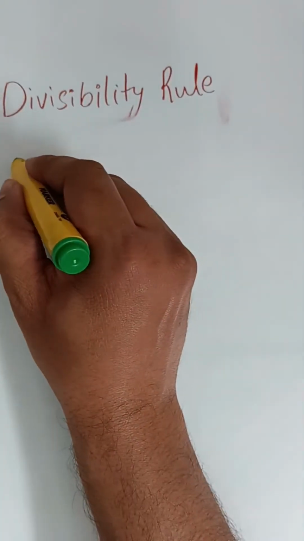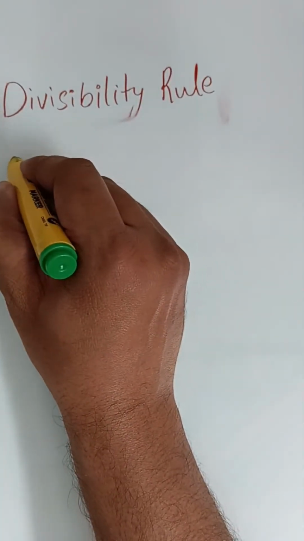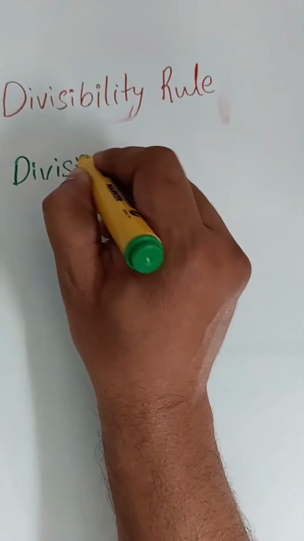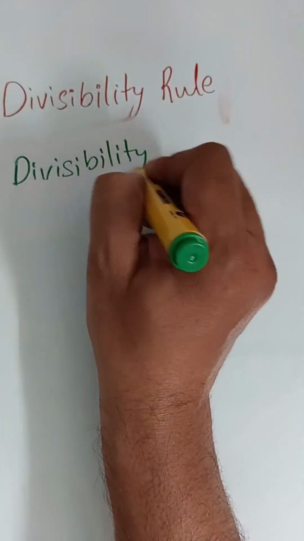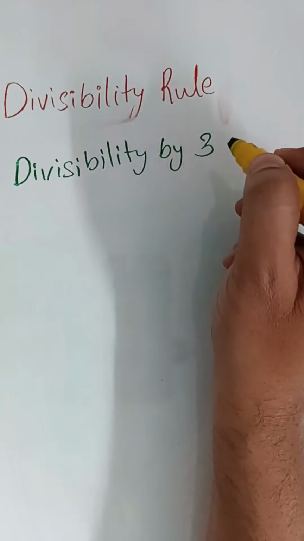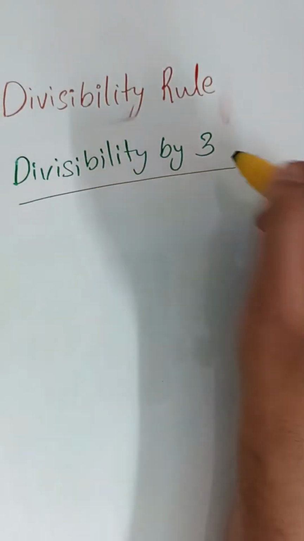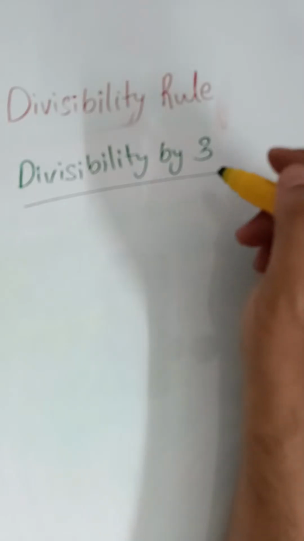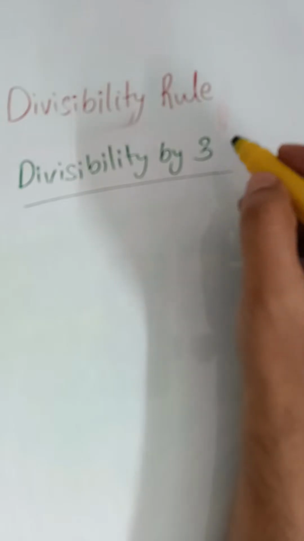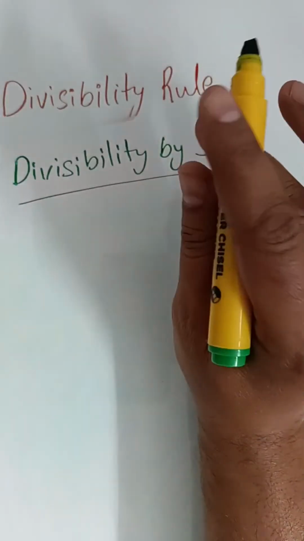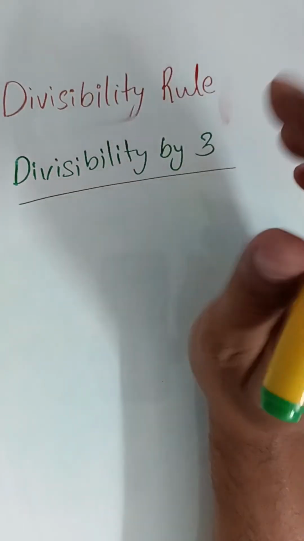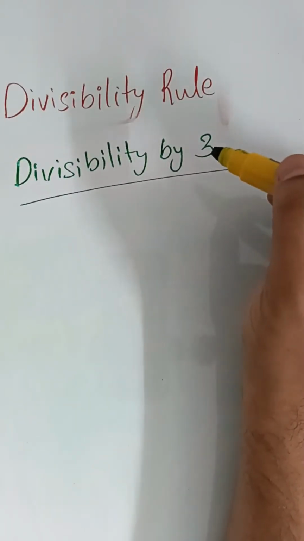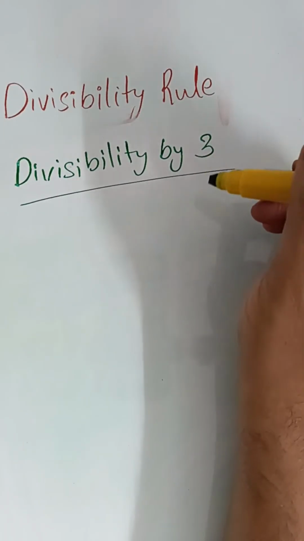Now the next rule, divisible by 3. Here in this divisibility rule, a number is divisible by 3 only when the sum of its digits is divisible by 3.